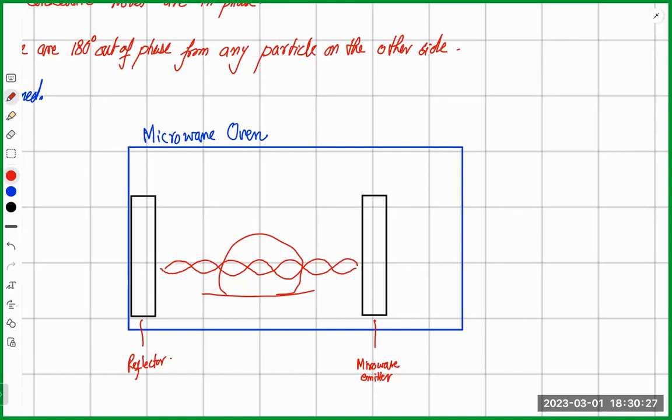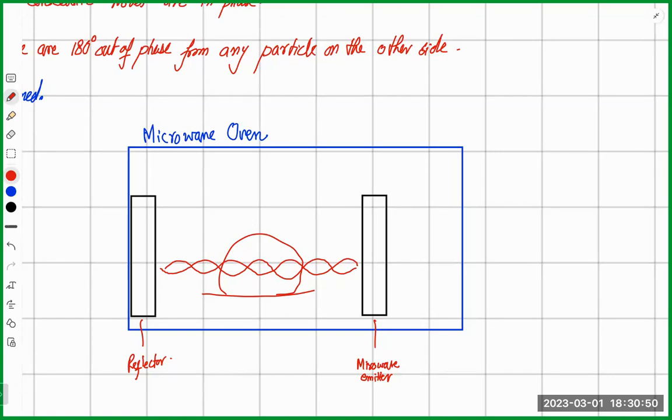And if you put something over there, the natural frequency of the water molecule matches the frequency of the microwaves used. So water particles which are at the position of antinodes actually will have greater amplitude and their kinetic energy increases, and this is how something becomes hotter.